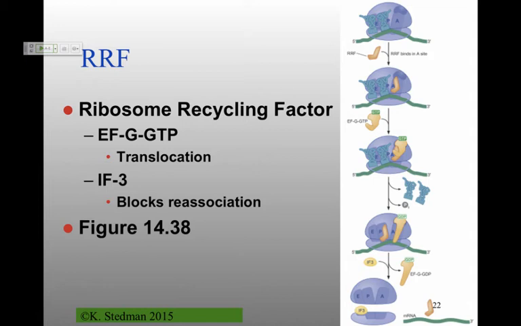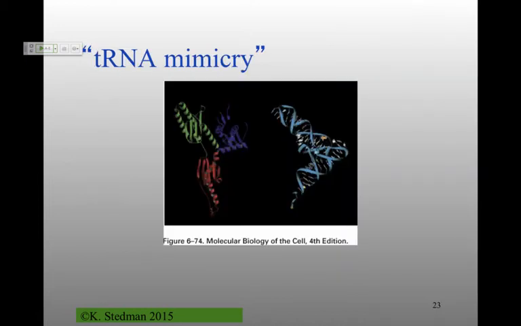Okay, so this is what at least one of the release factors looks like. It's probably a little bit hard to see here, but it's clearly protein and not RNA, but has a very similar structure. This end here, which is normally where you'd have your 3' OH, where your amino acid is attached on the tRNA, has your glutamine at the end.